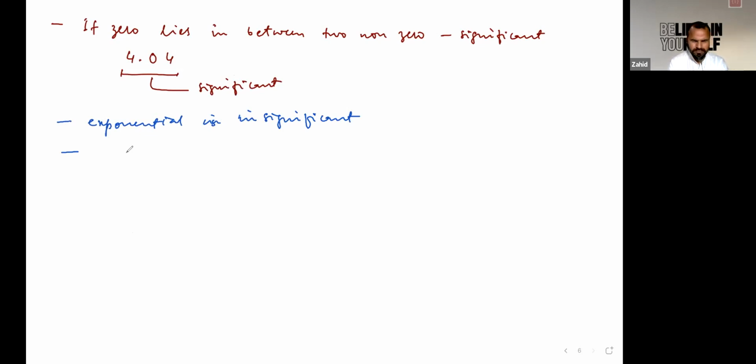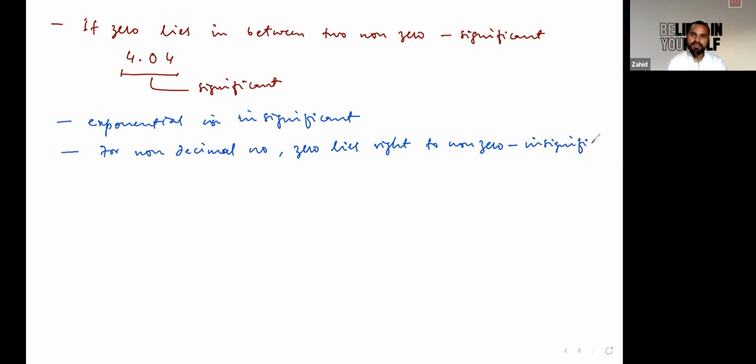Next is, for any non-decimal number, if 0 lies right to a non-zero digit, then it will be insignificant. Suppose you have 6800.